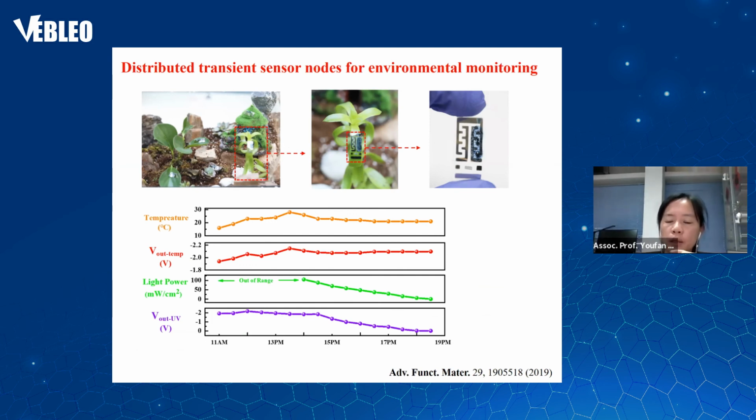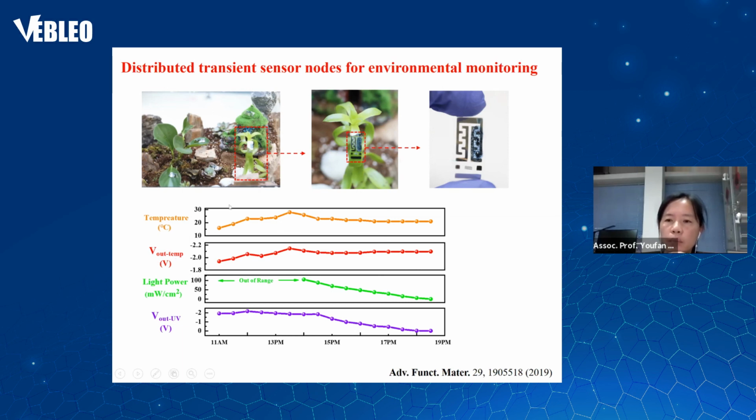And we did a very interesting demonstration by integrating a UV sensor and also a temperature sensor with our device on our water-soluble substrate surface. And then we can get such a transient sensor node. And when we attach such a sensor node on the surface of a plant, we can do timely monitoring of the plant.